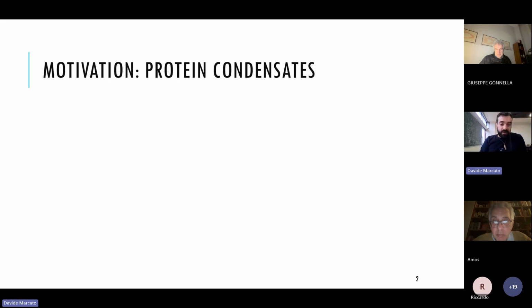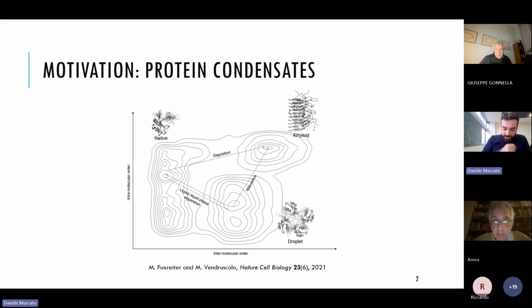Basically, the motivation behind this work came from protein condensates. This is a picture taken from a paper by Monica Fuchsreiter and Michele Vendruscolo, in which they explain that if you look into a living cell, you may find a protein in one of these three states. The first one is the most famous, the native state.